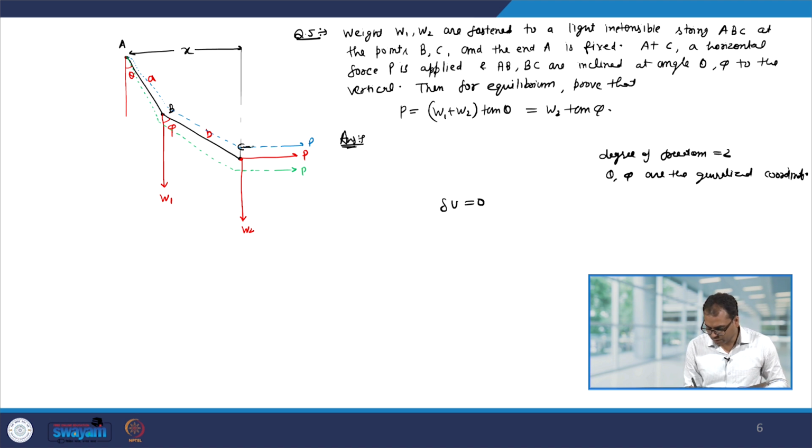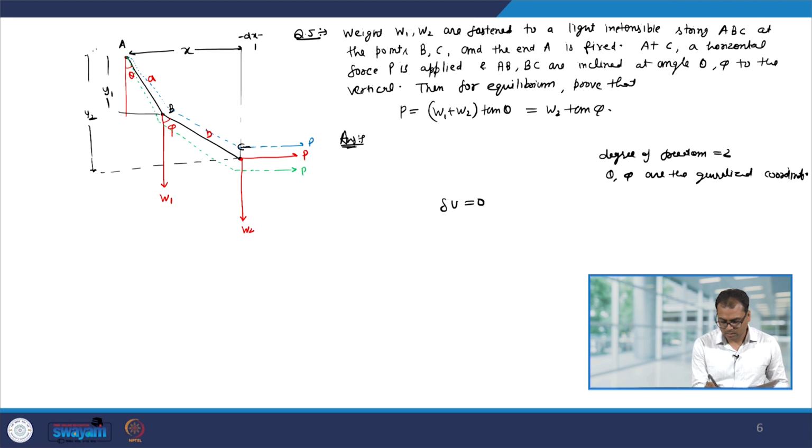then because of this force P, it is going to move in the x direction. So, therefore, the virtual displacement is dx. Now, let us say this height is y1 and this height is y2.